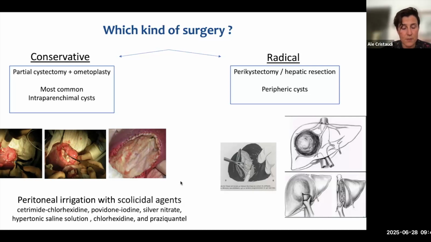And due to the intraperitoneal rupture, as in a few reports, the peritoneal irrigation with colloidal agents is suggested. Which kind of product would you recommend?